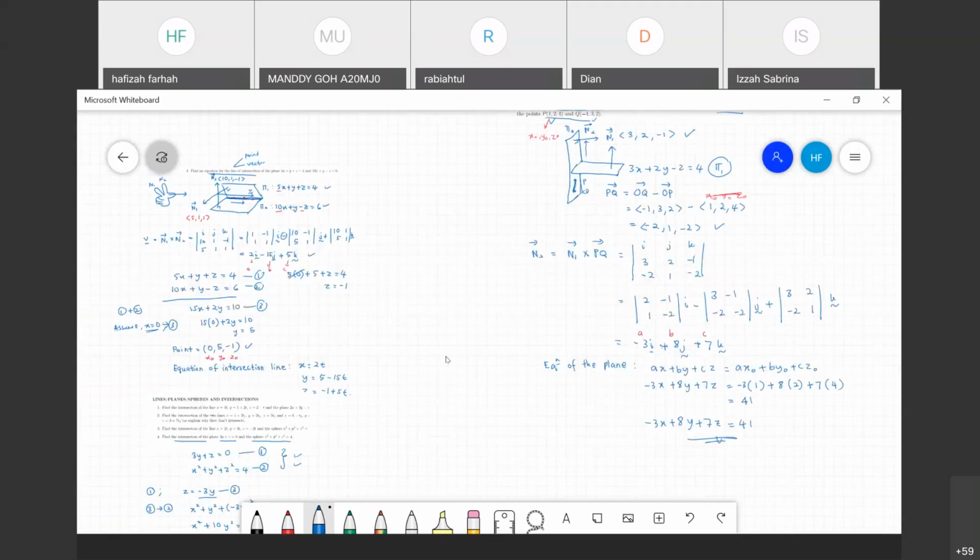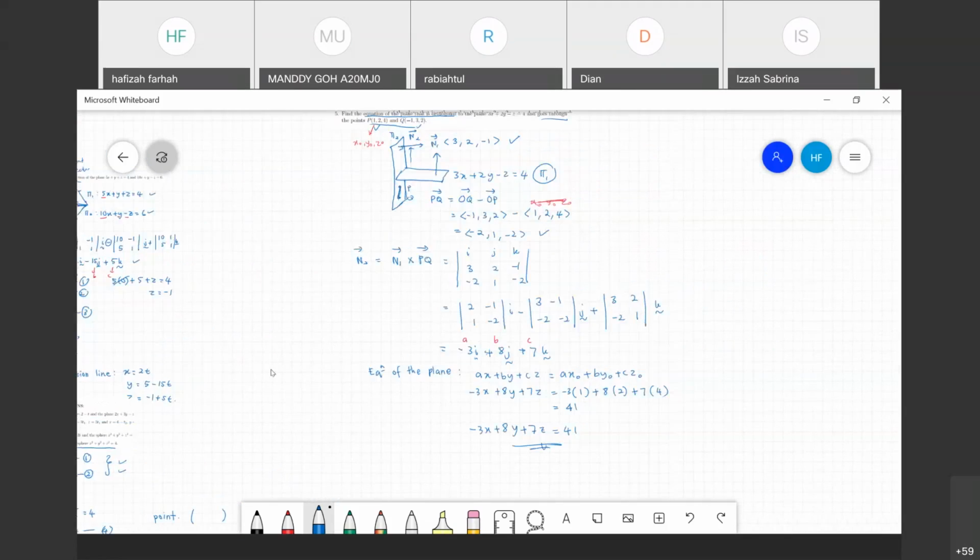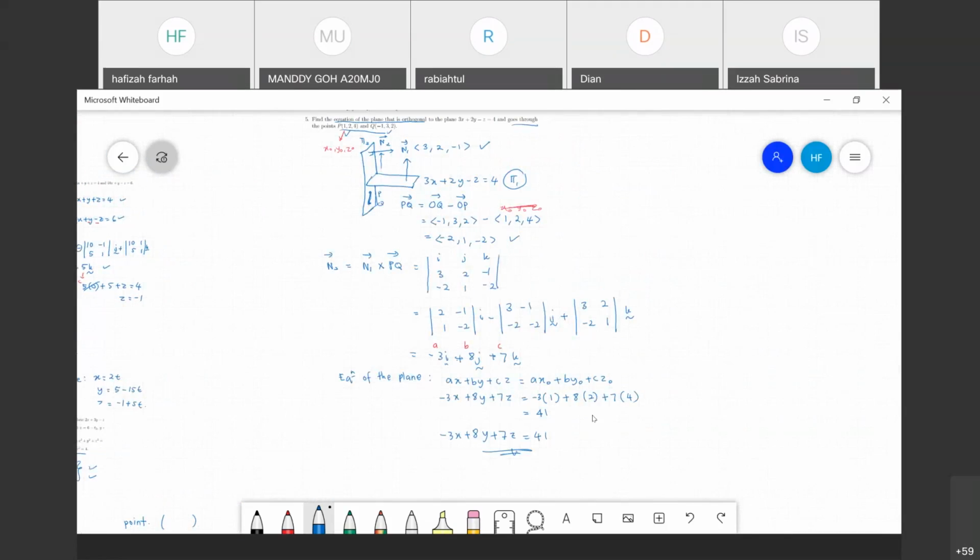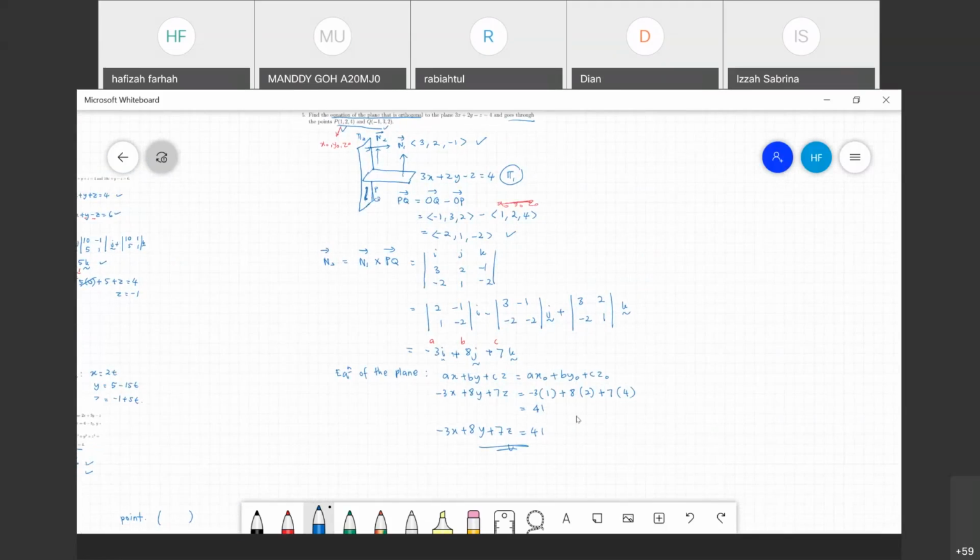That's all for today. Doctor, what if my operations are in total opposite? So you mean that you get 3x minus 8y minus 7z equals negative 41. Still it's correct, as long as the value is the same, because you can bring this to the right side and this one to the left side.